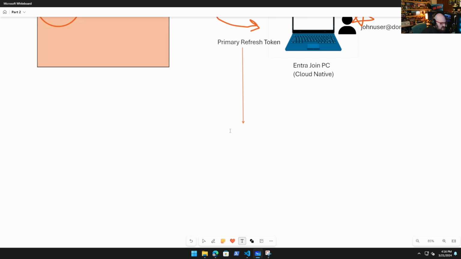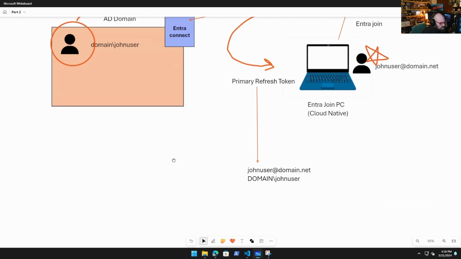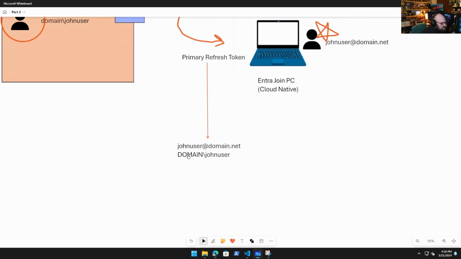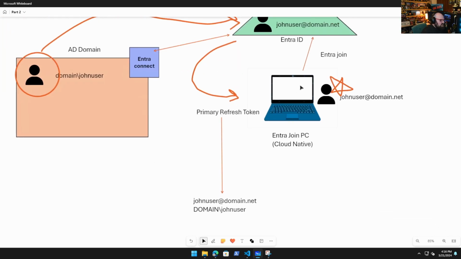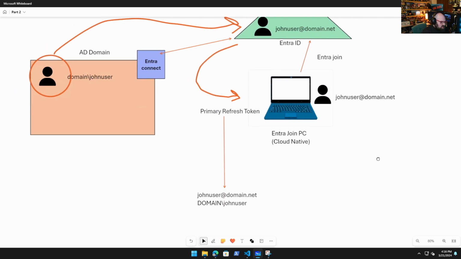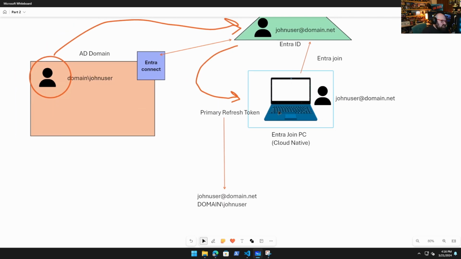You're going to get the token issued to John user at domain.net, and you're also going to get John user short name, just like up there. Why is that? Because you're syncing the identity. So even though you're logged into a cloud PC only, the PC has knowledge of the domain. It's not a stranger.